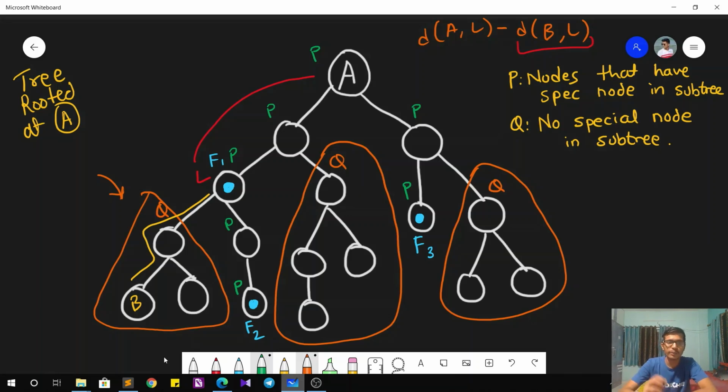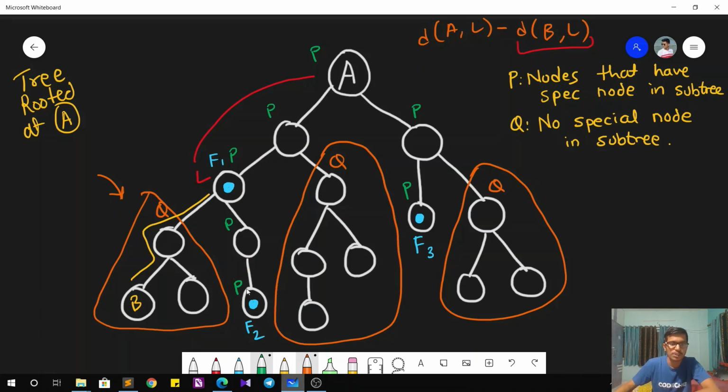Also, while doing the first DFS, we also have to keep track, for each P type node, of which is the closest special node or the latest special node. For example, for this bottom node, I'll point it with my mouse.